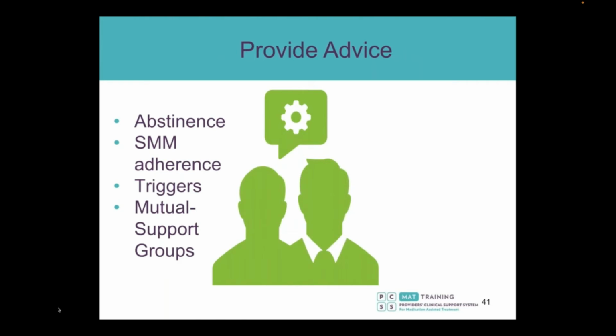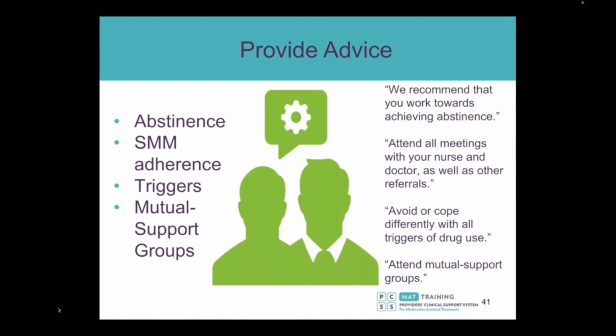Providing advice. So the first kind of advice we want to provide is to recommend working towards achieving abstinence. Now, don't get me wrong, if the patient seems poised to do that immediately, support them to do that immediately. But many are not. So telling them that we're going to help them work towards abstinence in a balanced and fair way.